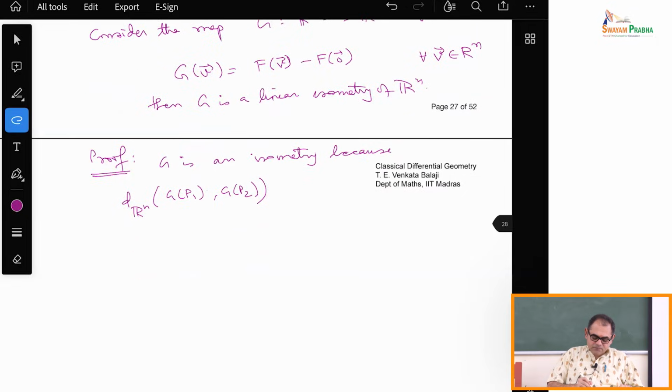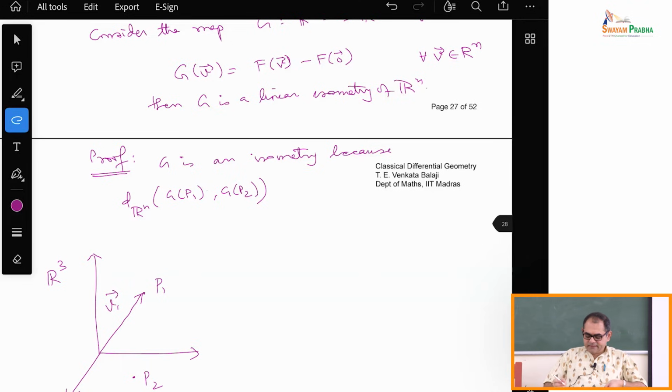So let me draw a picture. This picture works in R3, since I can only draw R3, but the same kind of picture you can imagine in any Rn. So you have this P1 and P2. There is this vector which is V1. Then there is this vector which is V2.